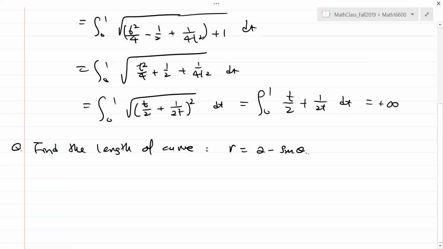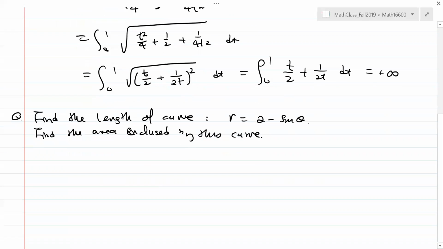Also, find the area enclosed by this curve. This is a closed curve.